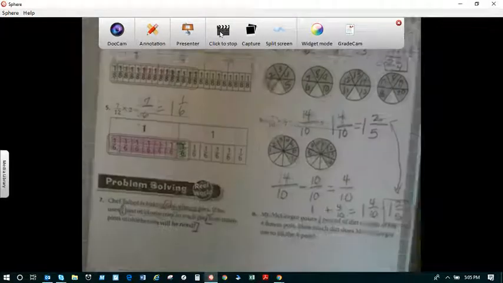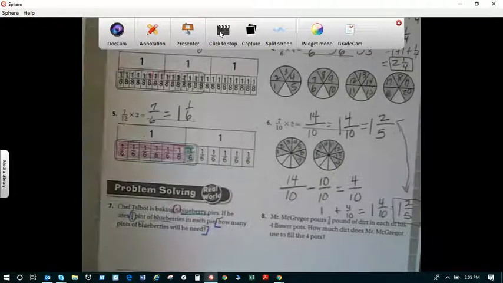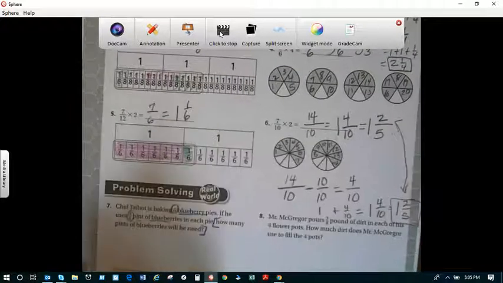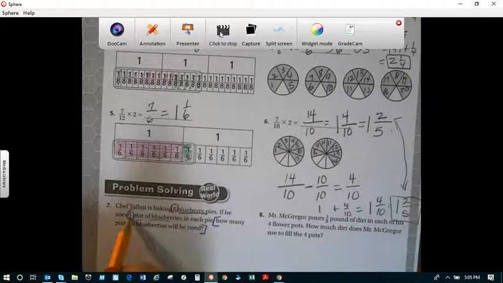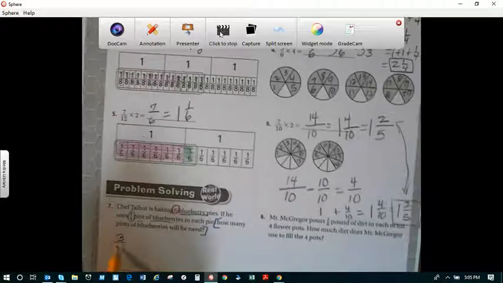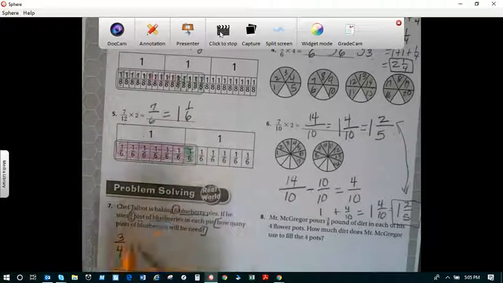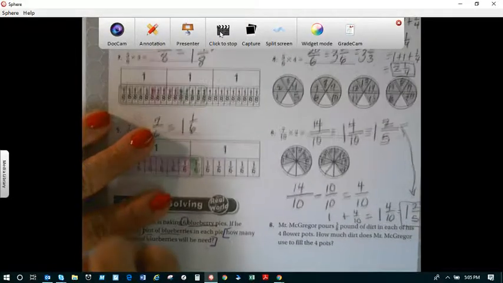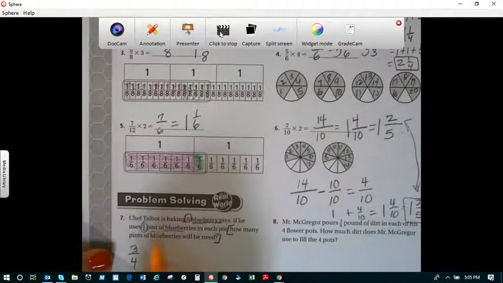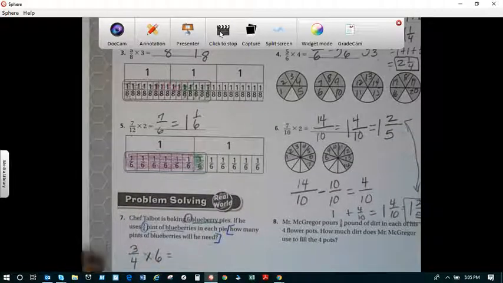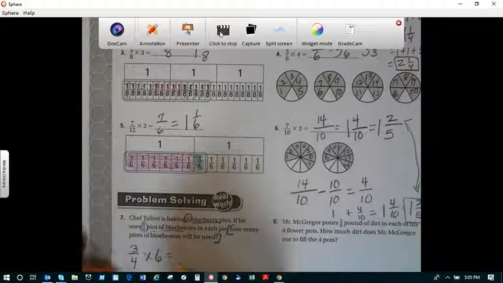Okay, so to draw a model, my equation is going to be 3/4 of pints for 6 pies, right? So I need to find out what's the total amount. So I'm going to draw 6 boxes.